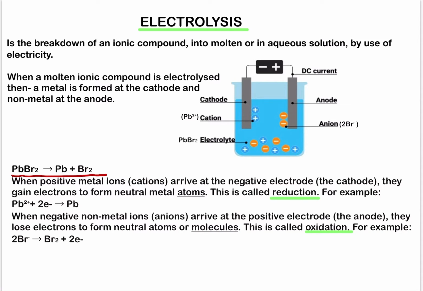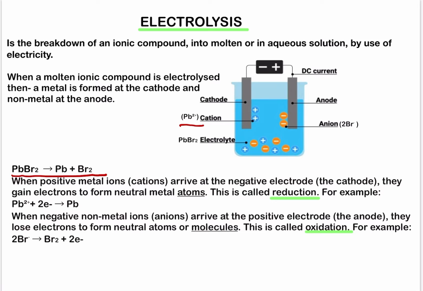The positively charged ions move to the negative electrode. Here the positively charged ion is lead, Pb2+, that's the cation. It moves to the negative electrode, the cathode, during electrolysis.